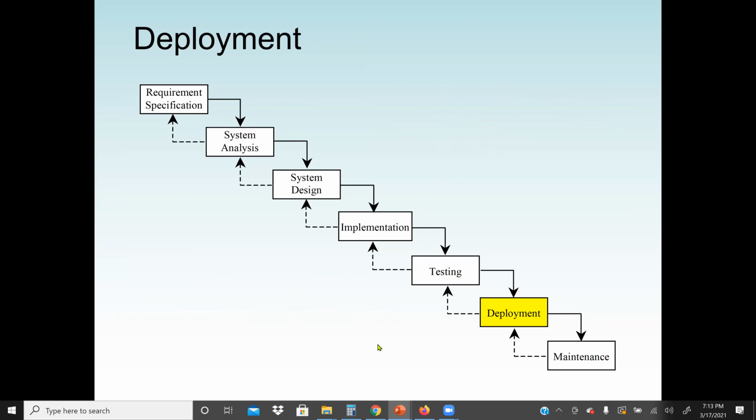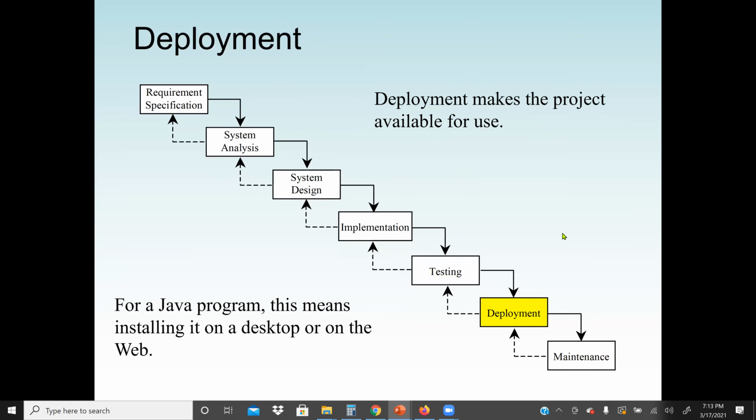So after we test and everything went successfully, the next step is the deployment. And so here we are going to implement the system in the business organization and deploy it. So deployment makes the project available for use. So for a Java program, this means installing it on a desktop or on a web server or on the web.